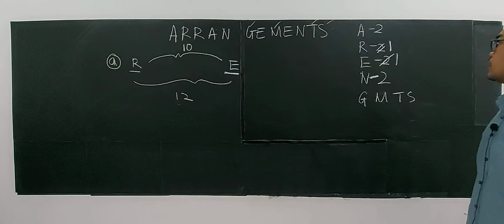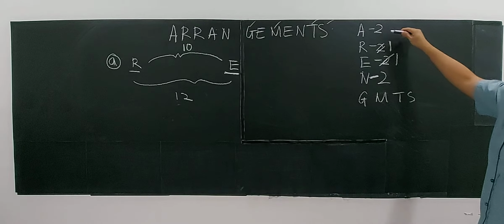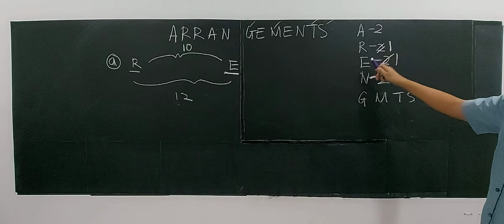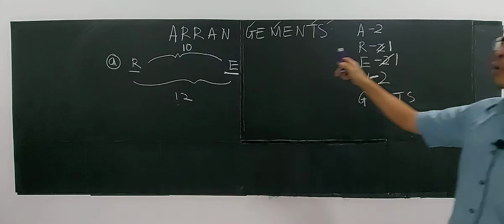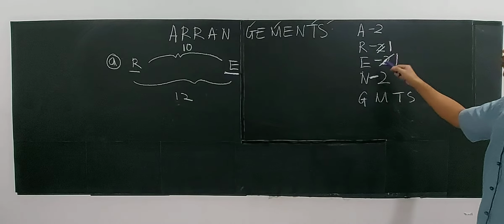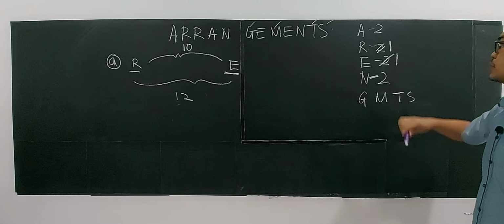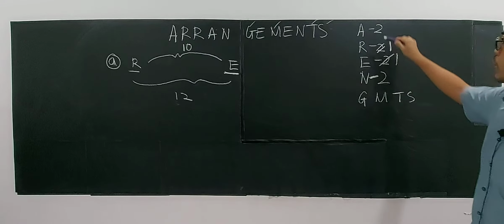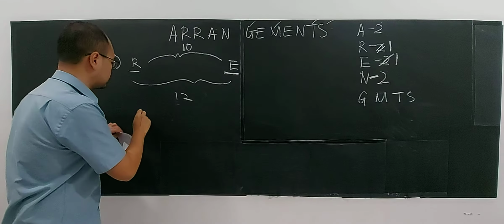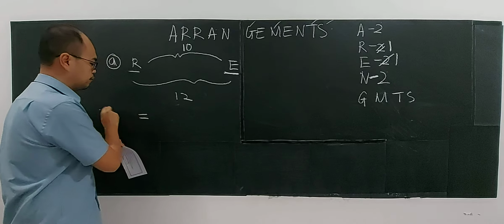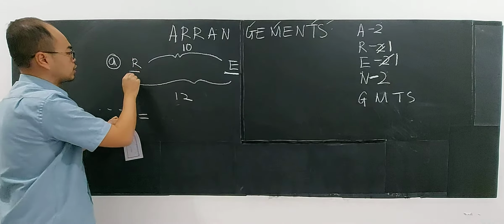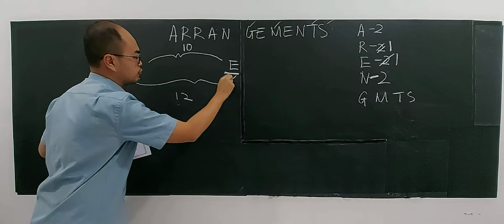So R and E. We still have 2 repeated N and 2 repeated A. Because R is 2 and E is 2, but 1 R is already put in front and 1 E is put at the back, you have only 1 left of each. So in this calculation, the number of ways will not be 12 factorial, because you no longer include the first and the last one.